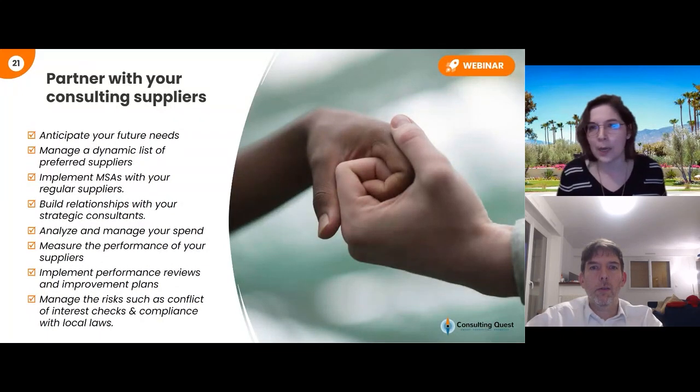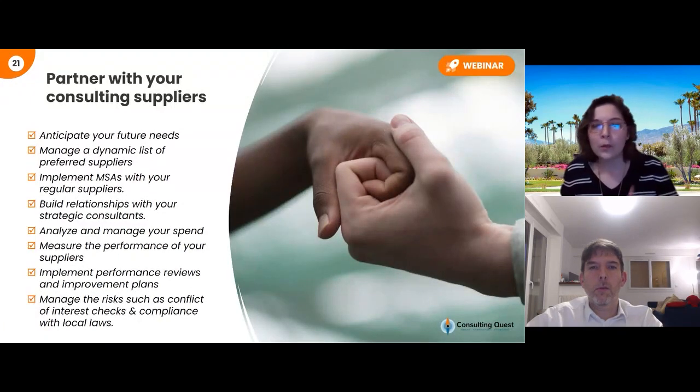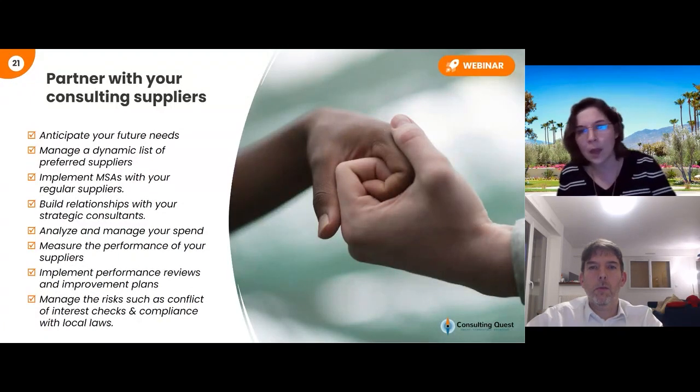And for that, you can analyze your spend, see who is spending on what, etc. You measure the performance of your suppliers to make sure that the ones on your list are good and you're satisfied with their work. But you also need to look forward and look at what your needs are in the future, so you can start building that relationship with those suppliers.